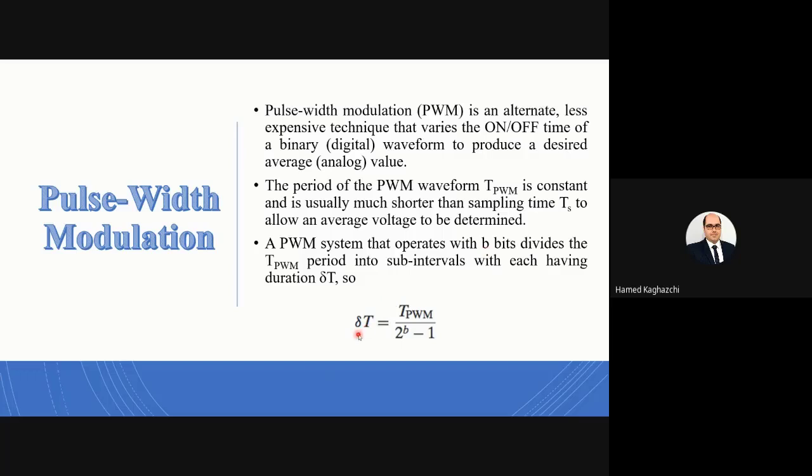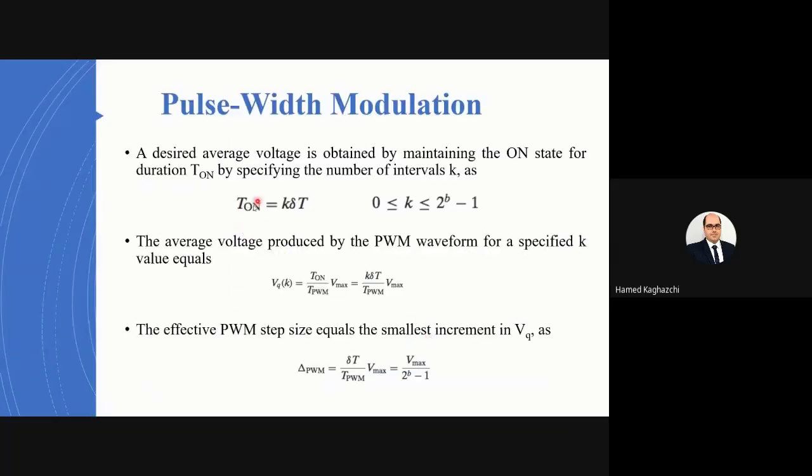Now I can say that this duration delta t is equal to TPWM divided by 2 to the power of b minus 1. Now T on is equal to K delta T. K varies from 0 up to 2 to the power of b minus 1.